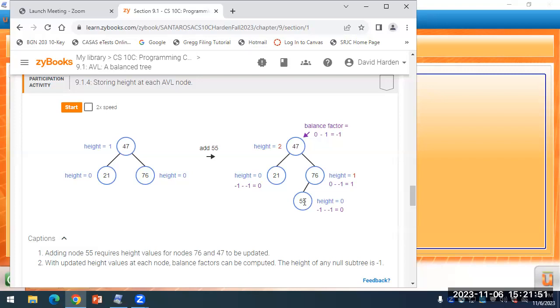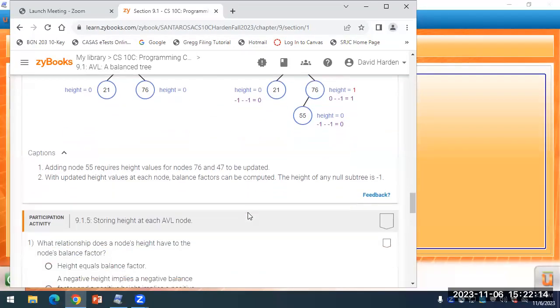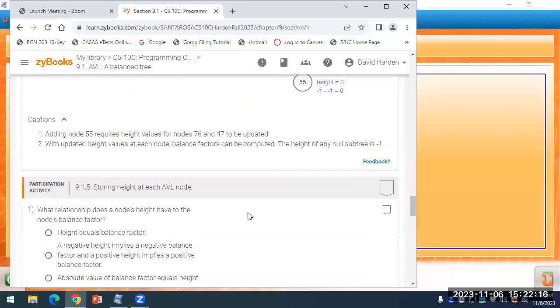So having to update all of the ancestors' heights is going to make it 2 times log n, which we don't care about, right? Because 2 is just a constant. Okay with that? Okay, I think we're good there.